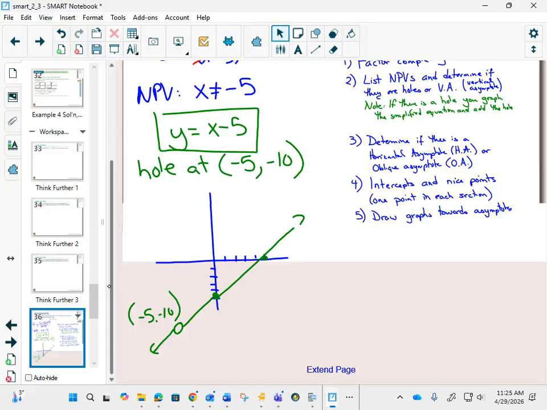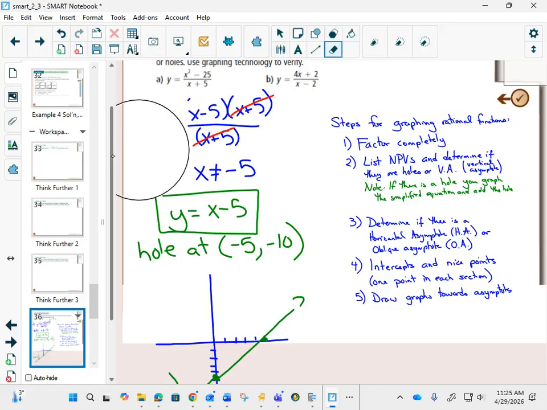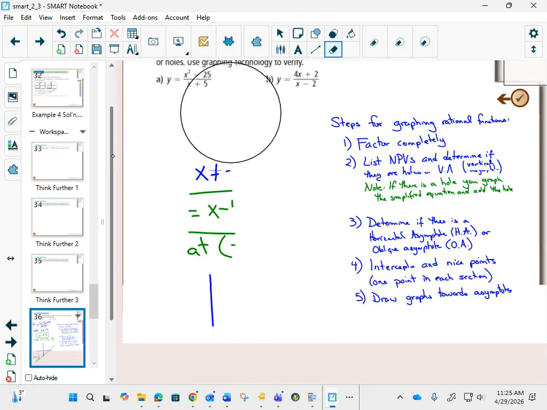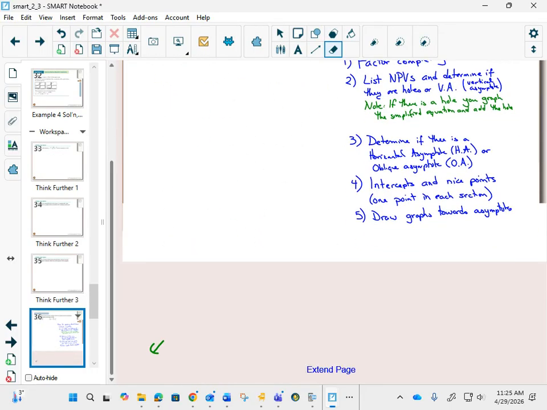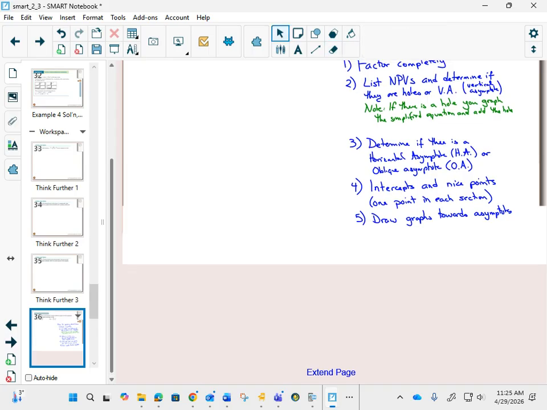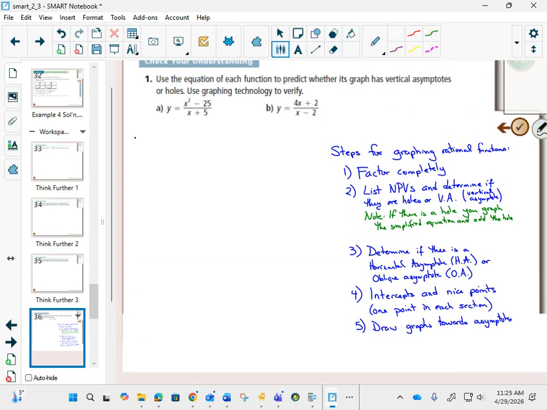Okay, I am going to erase part 1 here, and we'll do B. I factor completely. In the top, I can take out a 2, leaving me with 2x plus 1.